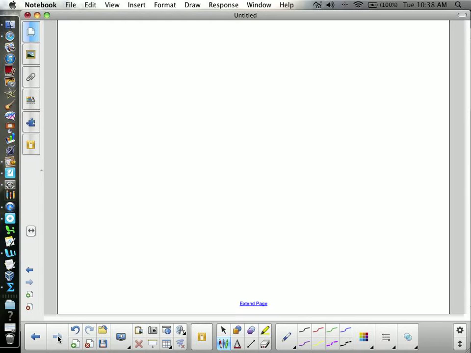Next page, it says ST bisects segment LM at R. LR is 9.3. Find RM and LM. Okay, so you have L, R, and M, where this is a bisector. What does it mean that it's a bisector?